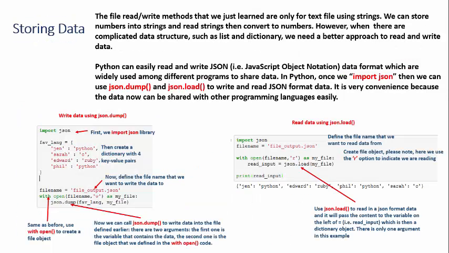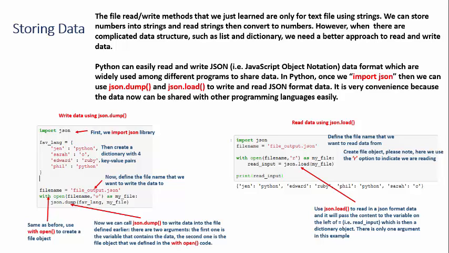Okay, now let's reach the last part for this week, storing data. We learned just a moment ago we can use the file's read and write method to actually read or write text files using strings. We can store numbers into strings and read strings, then convert it to number. However, when there are complicated data structures such as list and dictionary, we need a better approach to read and write data.